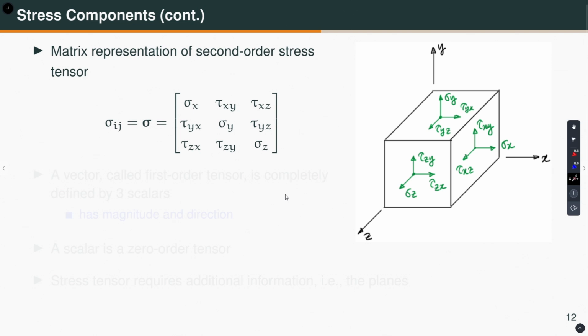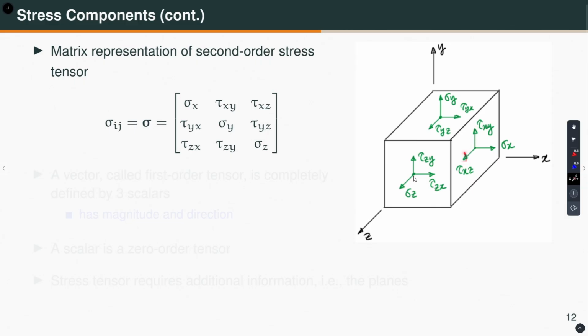This is the matrix representation, which is repeated for convenience. Now, I am showing you these stresses on a rectangular parallelepiped here. Sigma x is acting on the positive x face in the positive x direction, tau xy is acting on the positive x face in the positive y direction. Similarly, this is tau xz.